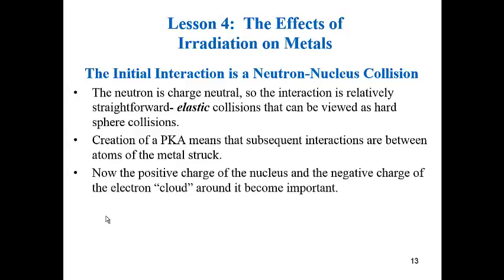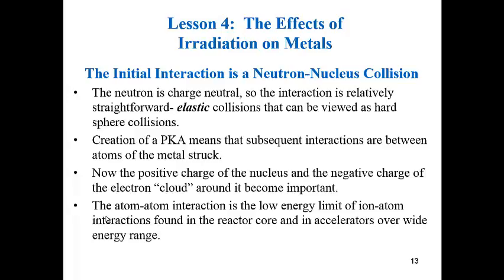So now the positive charge of the nucleus and the negative charge of the electron cloud around the nucleus become important. We can't ignore them any longer. And of course, we're looking at, in many cases, a large number of atoms that are knocked loose by atoms that are knocked out of the structure. So it gets very complex once we get past this first primary knock-on atom.